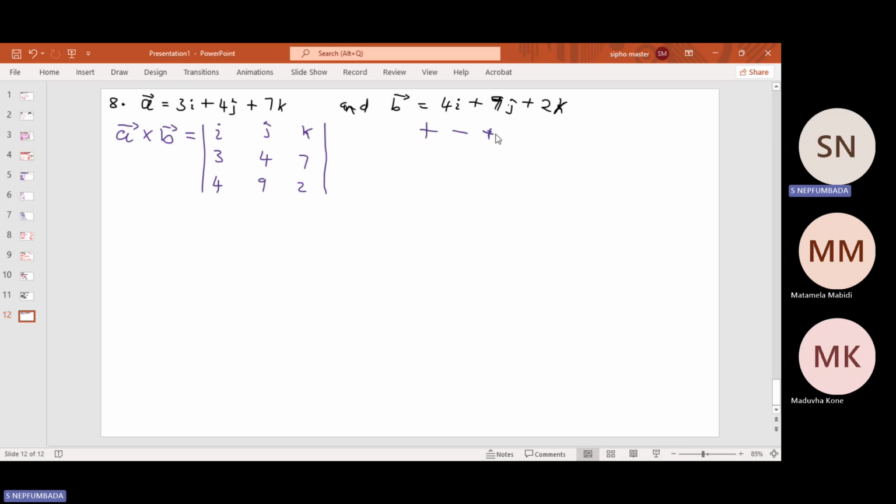You see? That's why I'm happy with the students, because we draw this line and we move this one. Then when we move that one, the first one is i, which is positive. Then we write the numbers that are left, 4, 7, 9, 2.